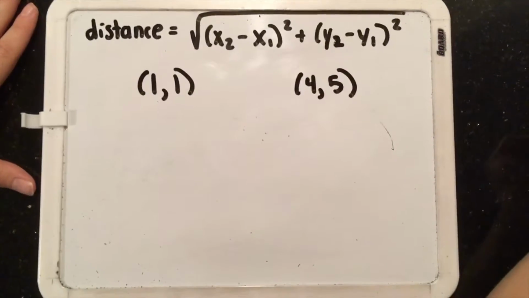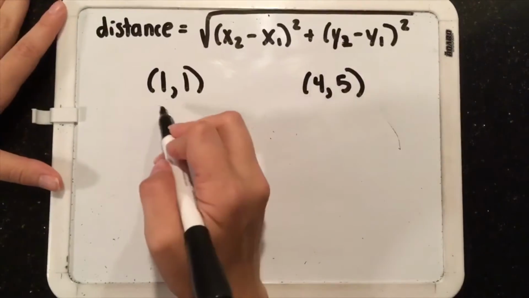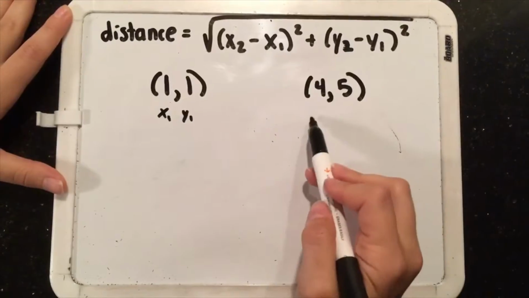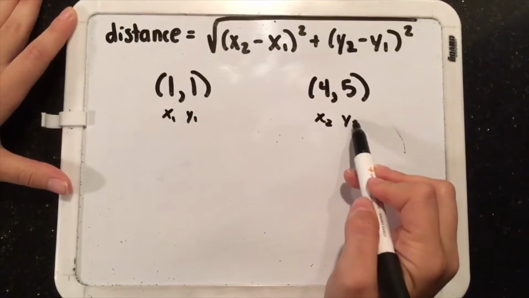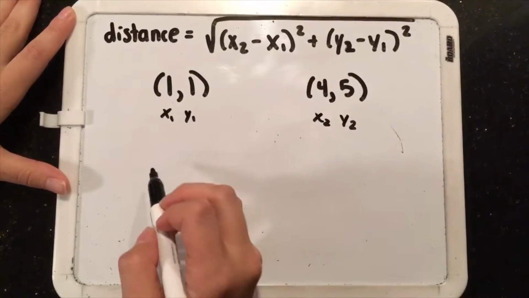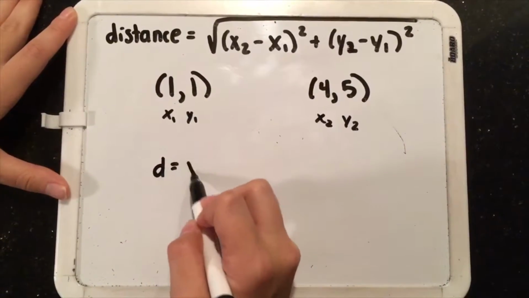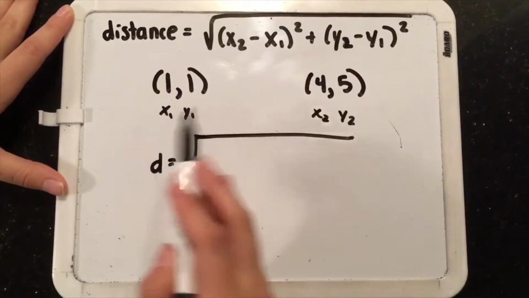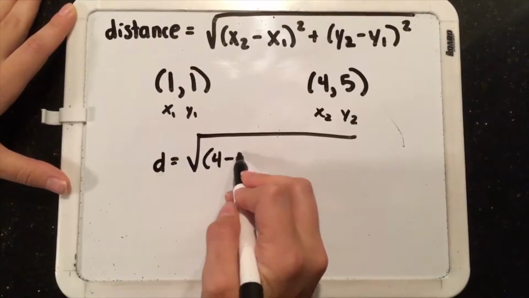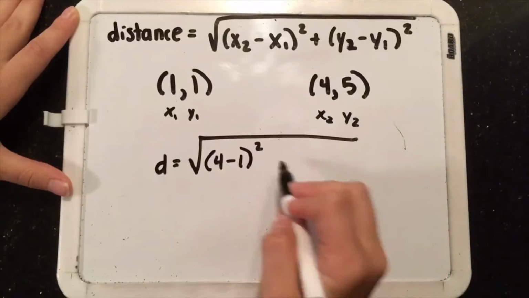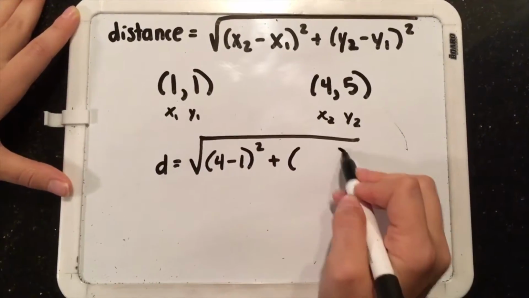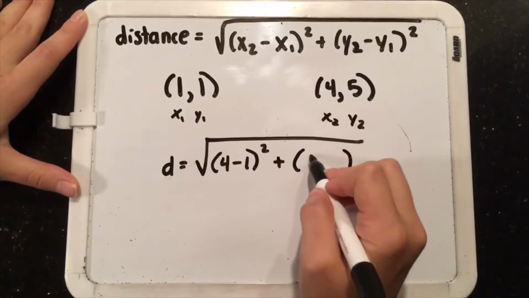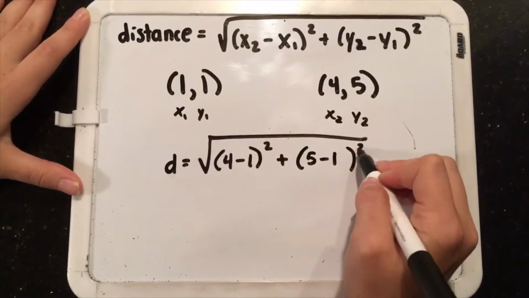Here's another example with 2 points in a coordinate plane. We have x1, y1, 1, 1, and x2, y2, 4, 5. The distance equals the square root of the difference between x2 and x1, 4 minus 1, squared, plus the difference between the y's, y2 minus y1, 5 minus 1, squared.